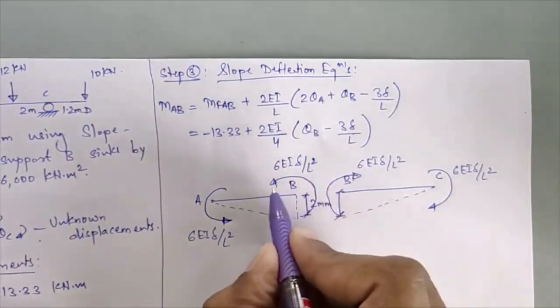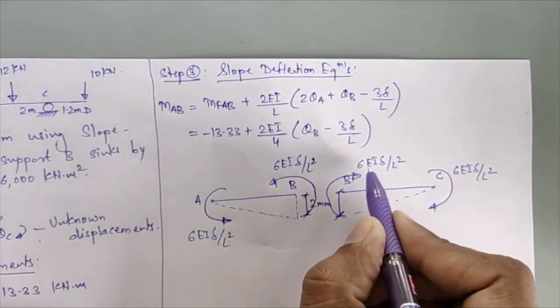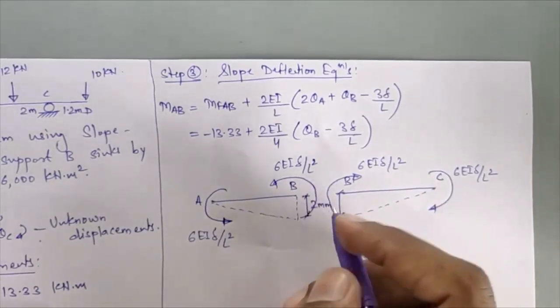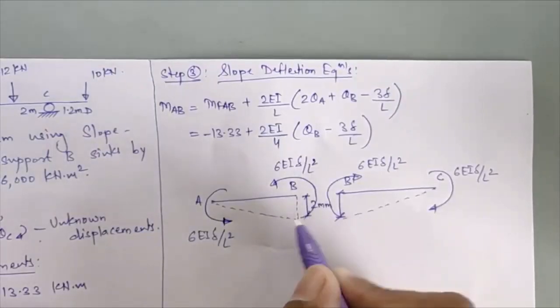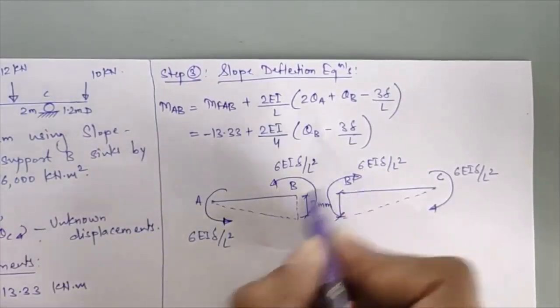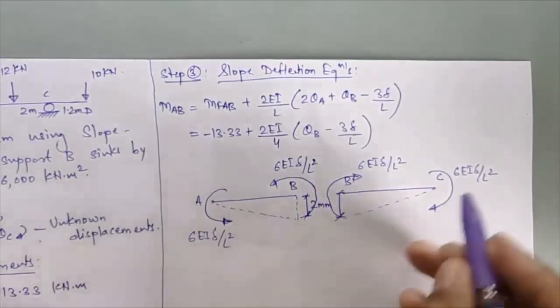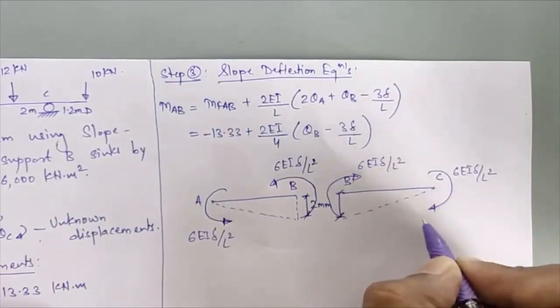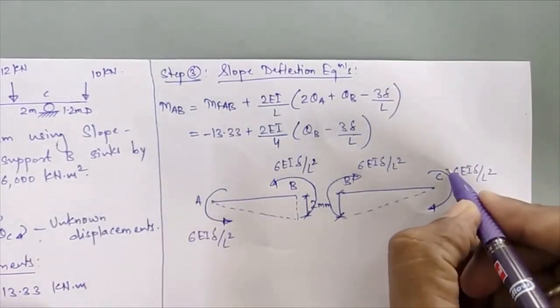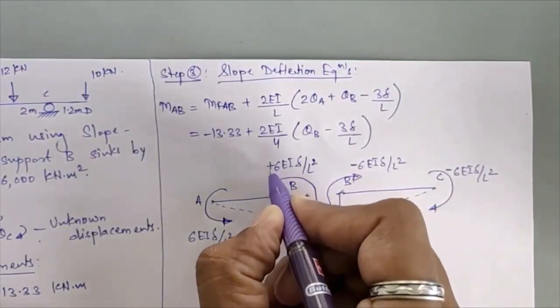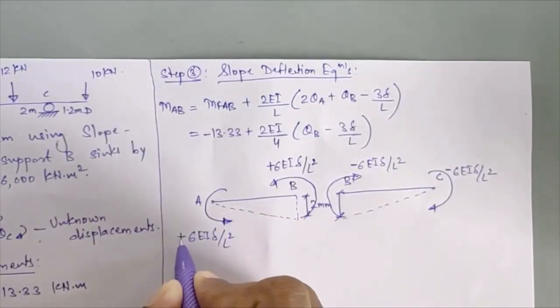Okay, now the second concept is the sign convention for these displacements. We have seen in our second lecture how to take sign conventions for this 6EI delta upon L square. So the sign convention for this is opposite. If your moment is clockwise in nature, you have to consider that moment as negative, and if your moments are anti-clockwise in nature, that will come positive.